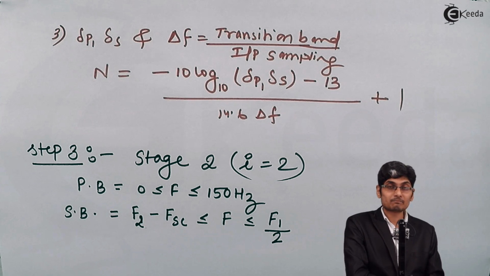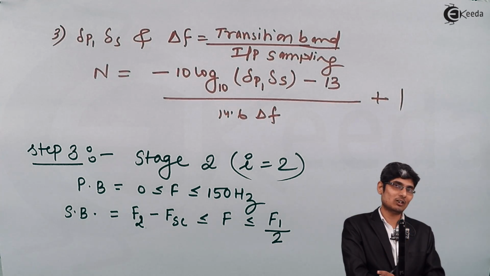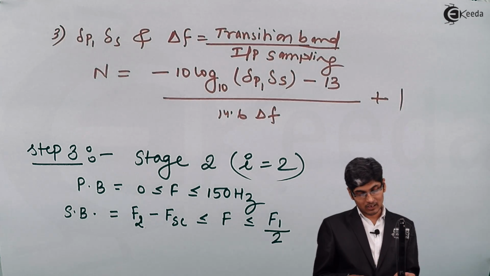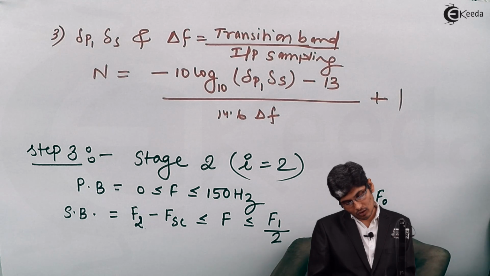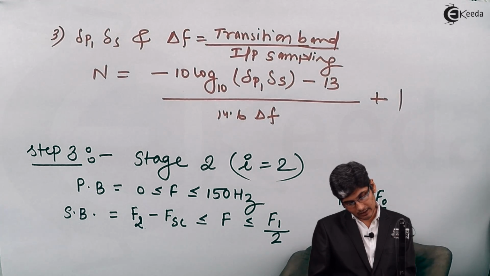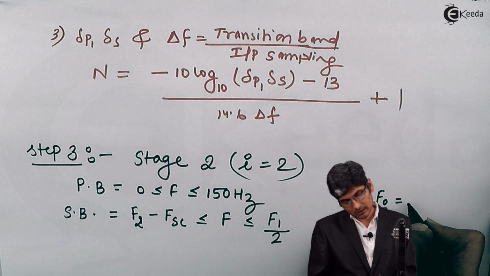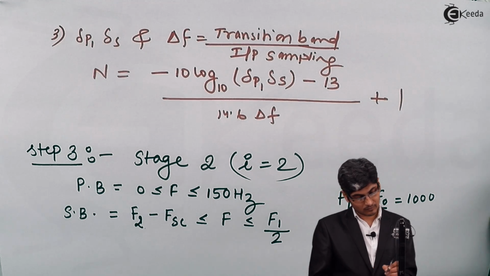What is F1? F1 is 1000 now, because we have already decimated by a factor of 10. So F1, which is nothing but F0 by 10, is 1000.